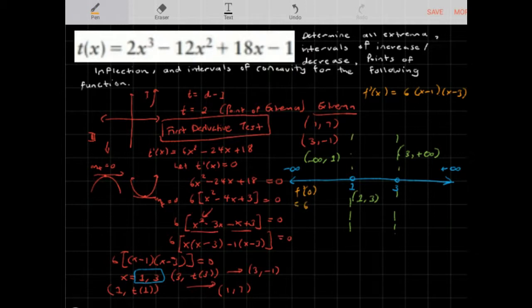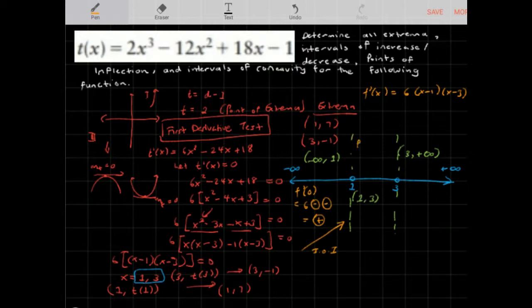You're going to get 6 times 0 minus 1, which is negative, and 0 minus 3 is negative 3, and two negatives give a positive. 6 is also positive, so you get a positive in general. So this is an interval of increase. I'm going to show this with an upward sloping arrow.